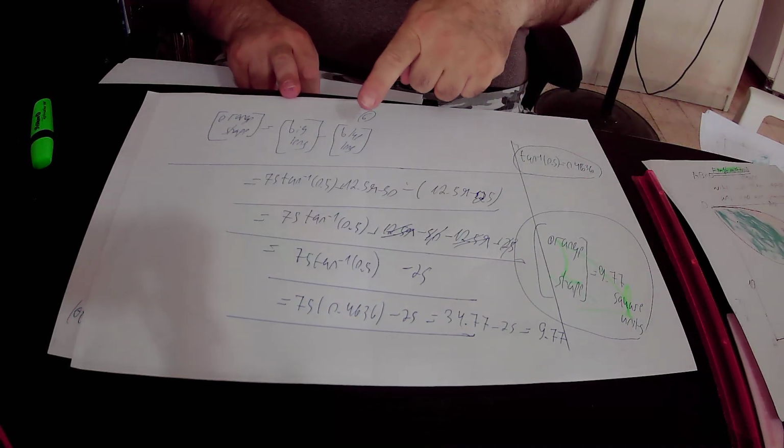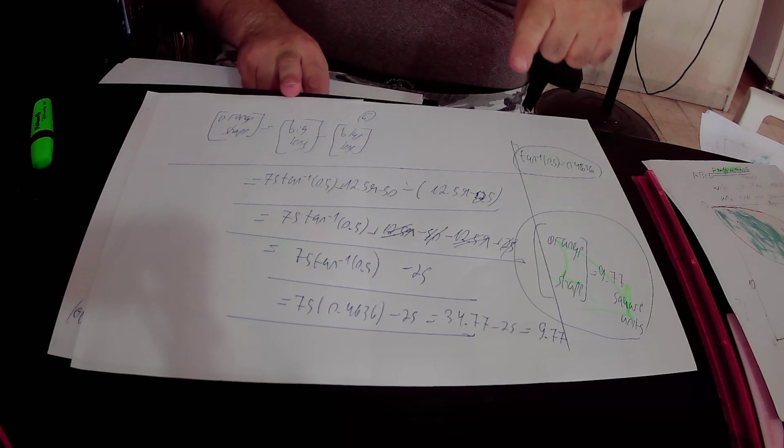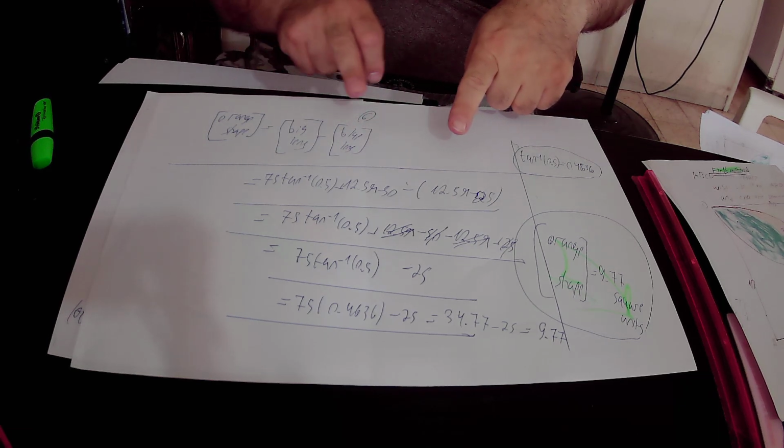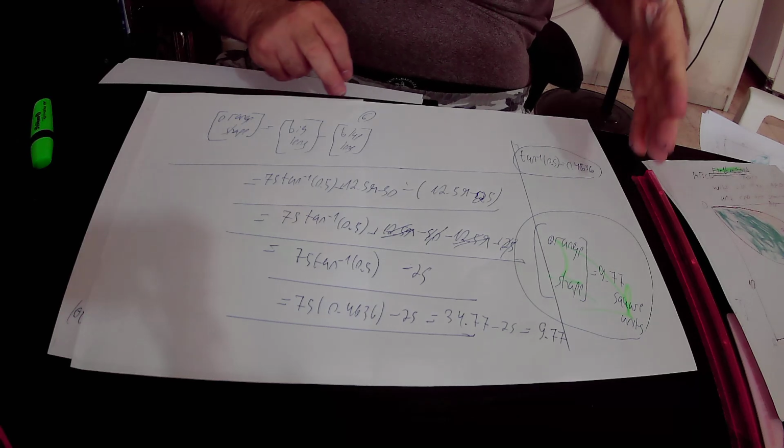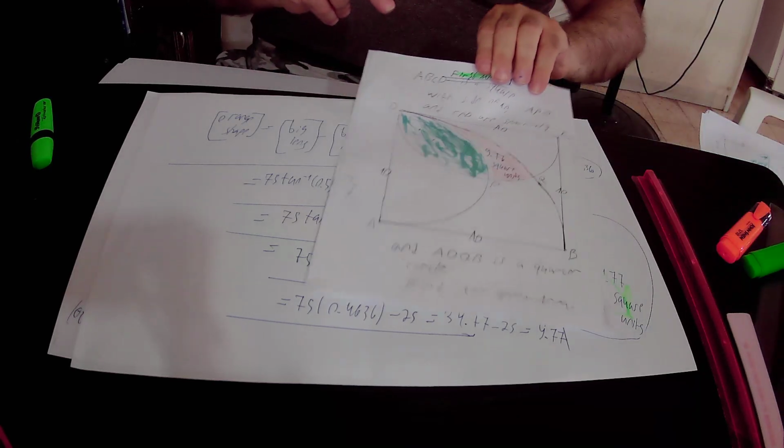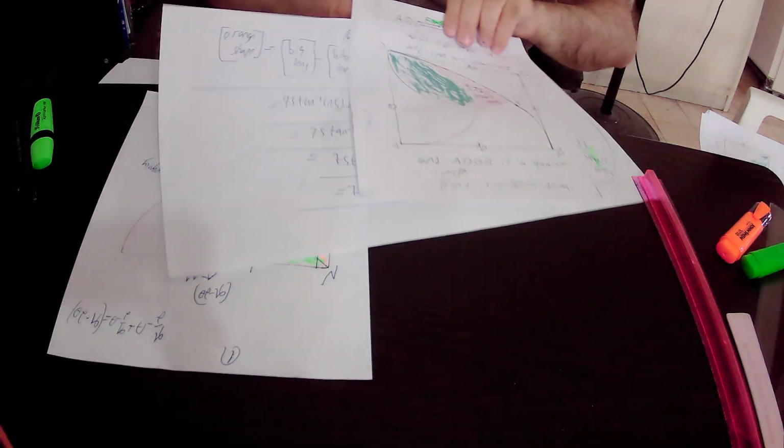We found out the area of the big lens. We found out the area of the blue lens. We subtracted the two areas from each other, and we found out that the area of this green shape equals 9.77 according to the first method.